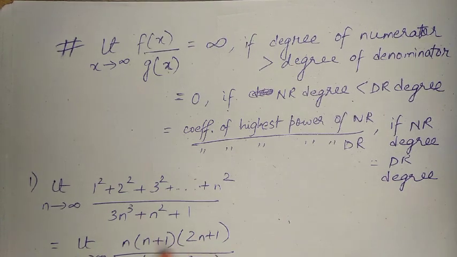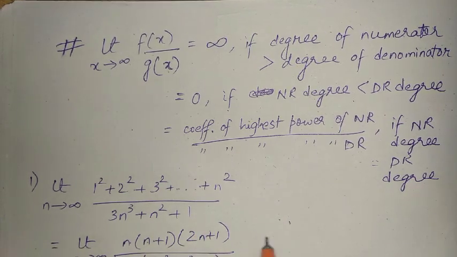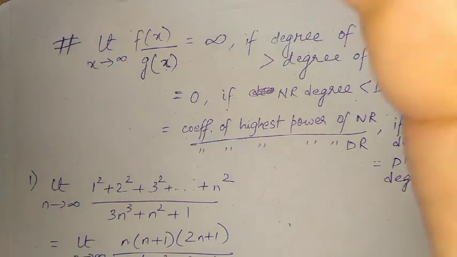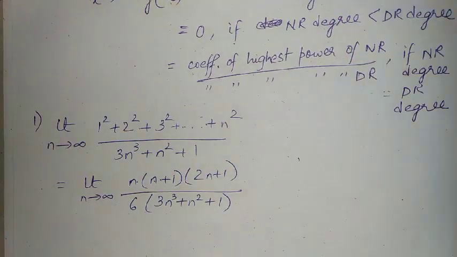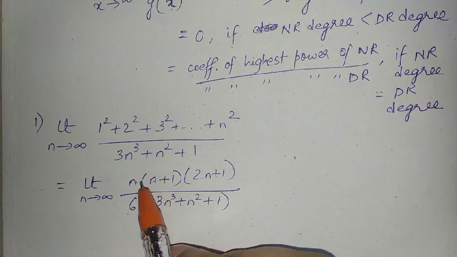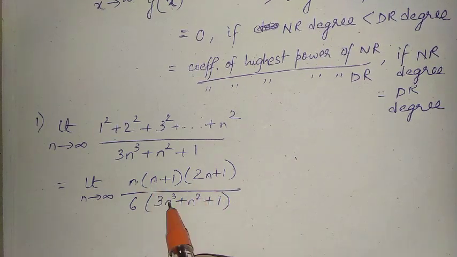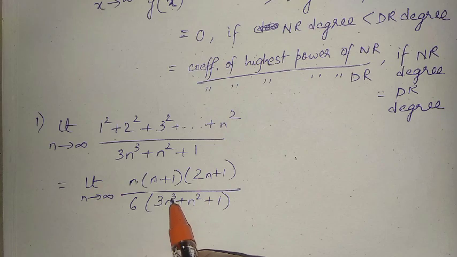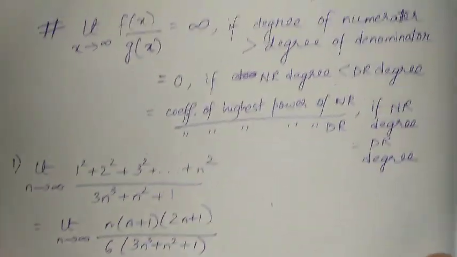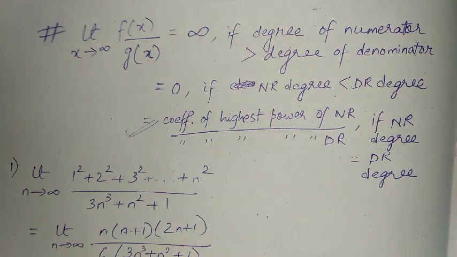So in the numerator, n cube is the highest degree, and n cube is the highest degree in the denominator. So we will use this case.